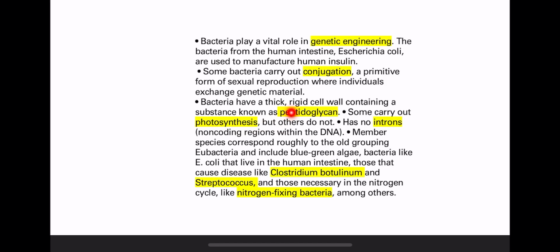Bacteria have a thick, rigid cell wall. Why is it rigid? Because the bacterial cell wall has a peptidoglycan polymer. Some types of bacteria carry out photosynthesis. Some types of bacteria are photosynthetic bacteria. Bacteria have no introns. What's the meaning of introns? If you remember, those are the non-coding regions within the DNA.